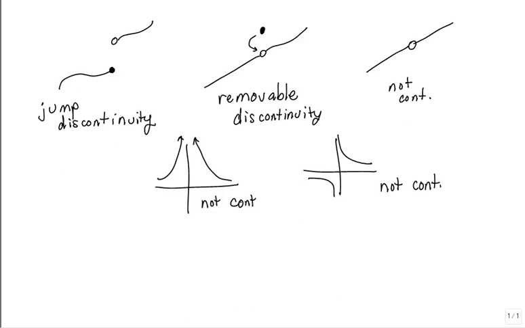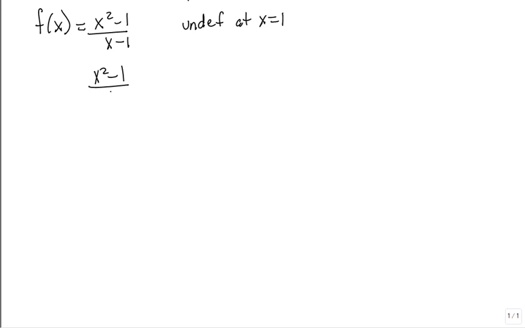So let's look at a specific example. First, let's take f of x equal x squared minus 1 over x minus 1. We see that's undefined at x equal 1 because that makes the denominator 0. X squared minus 1 over x minus 1 is not the same as x plus 1.